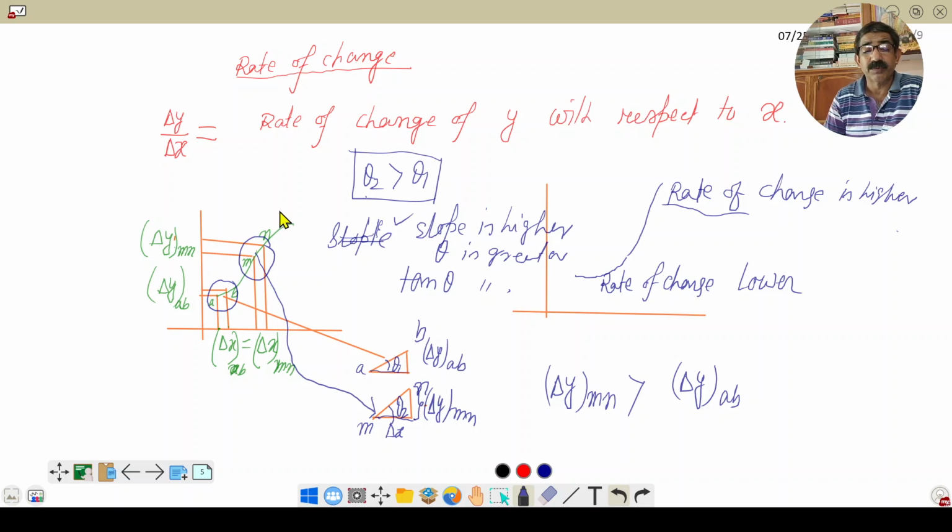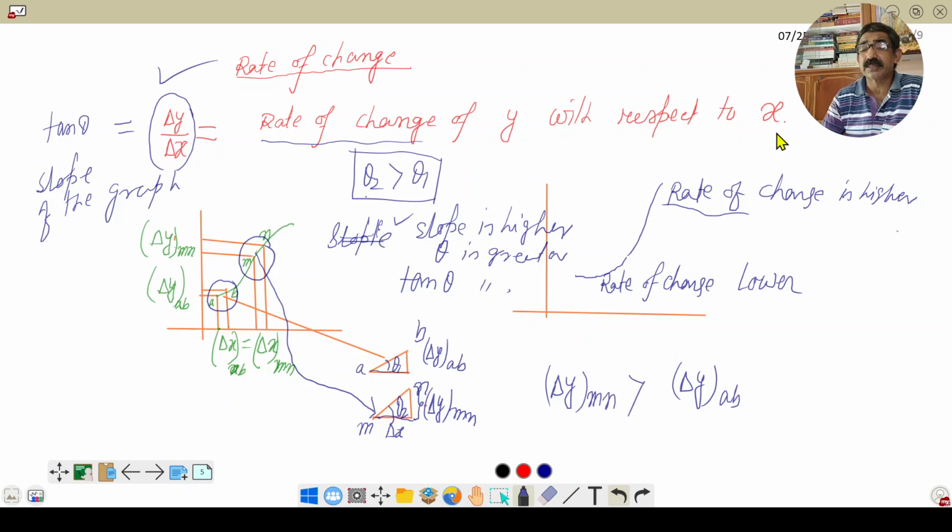This is called slope. So delta y by delta x is called tan theta, and it is also the slope. So three languages: delta y by delta x, rate of change of y with respect to x, or tan theta, or slope of the graph.